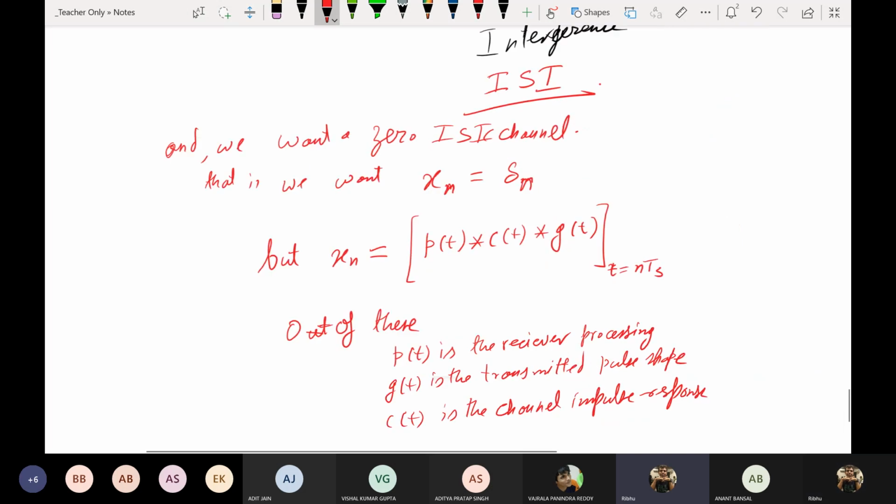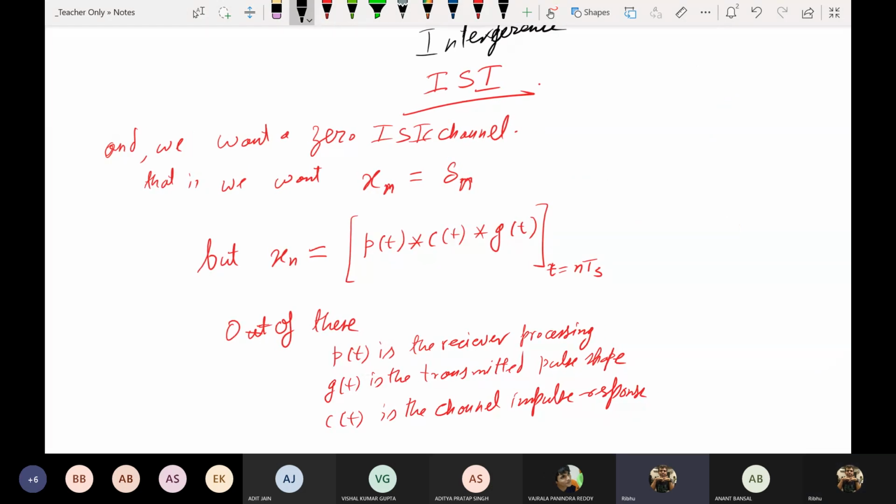So let's look at these one by one. Can we control the receiver processing waveform? Anyone? Yes, sir. So we can control the receiver processing waveform. We can control the transmitted pulse shape.